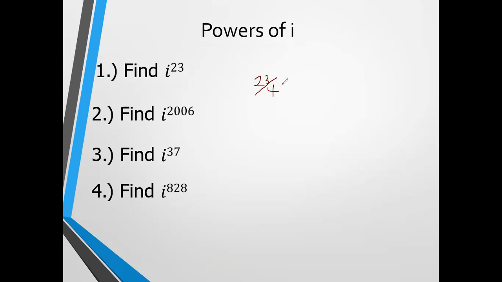If you divide 23 by 4, what do you have? 23 divided by 4 will give us 5, and you have a remainder of what? Of 3. Am I right? You have 5, remainder 3. So let's go back to the last slide and see what our answer is going to be. i raised to power 23: take note that we have a remainder of 3.